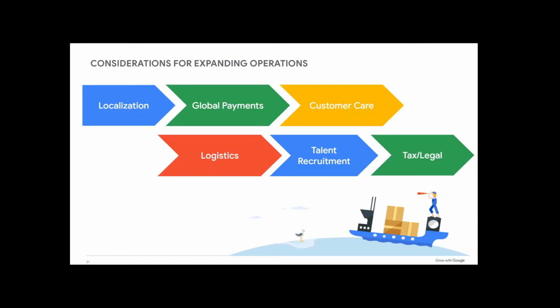So there's a lot to consider when expanding to new global markets and that can stem from taxes to currency to customer care. It's super exciting. And to make sure that you're a success, you have to make sure you plan accordingly.